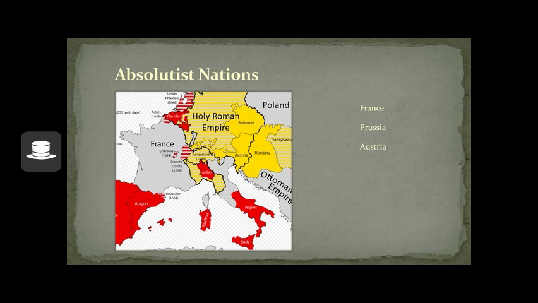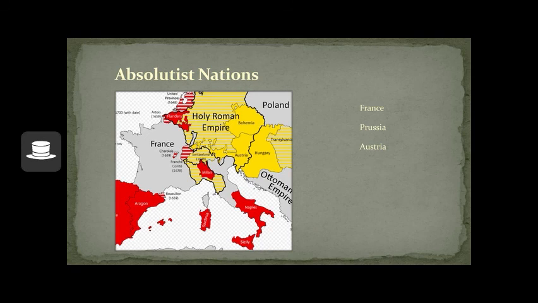But one of the unique features about it, especially going forward, is that it's going to be very multinational. There are going to be many different languages spoken in this empire. Each of these kingdoms, Bohemia, Austria, and Hungary, all have their own traditions and their own languages that aren't related to each other.